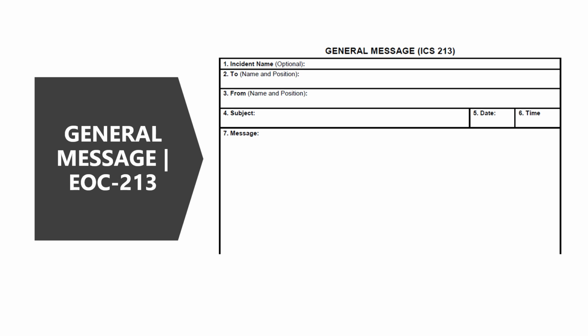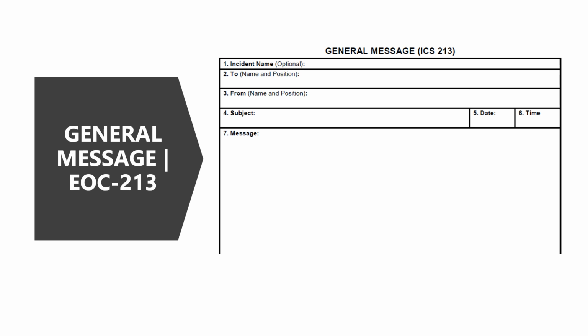Our general message 213, so if we don't have a digital system in place to send messages and maintain a tracking of those messages, we're going to utilize a paper form called the 213. This just is a message form to go back and forth, just as a reminder, and make sure that we don't lose track of certain messages that are coming from the field into the EOC.